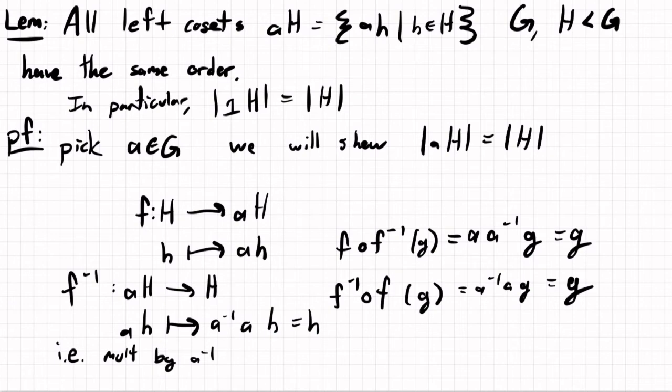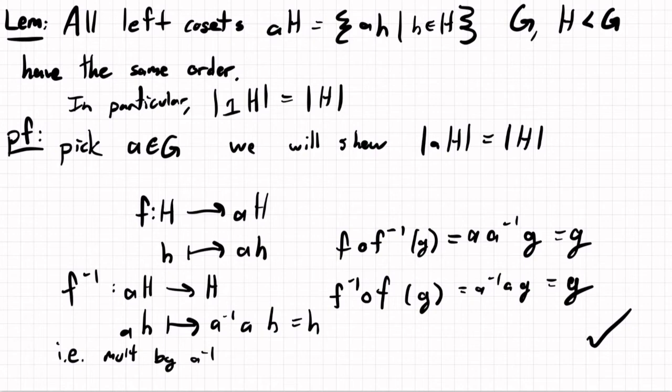As long as these compositions are the identity, we know that both of these maps are injective and surjective. And so this map is a bijection. In particular, when you have a bijection of sets, they have the same number of elements. So we've proved the theorem. A little check there because we've proved the theorem.